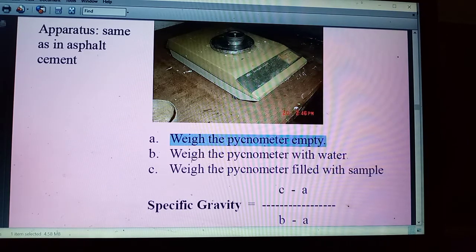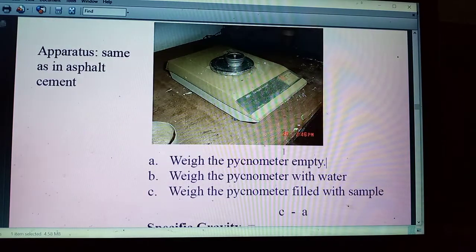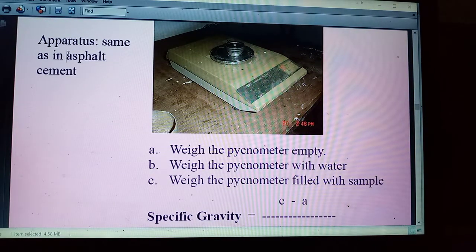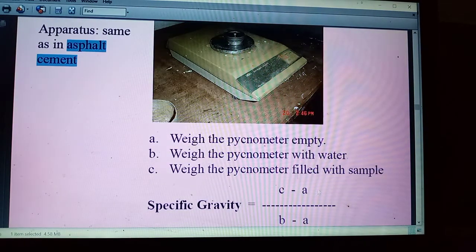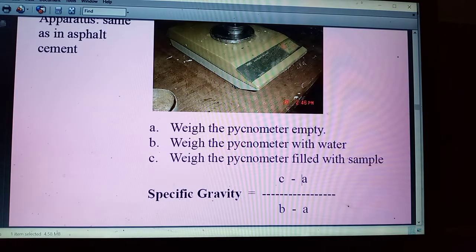Sundin mo lang yan, i-record mo lang yung weight ng picnometer with water, and weight of picnometer with the sample. Same lang doon sa asphalt cement or emulsified asphalt. So, yan, C minus A over B minus A.